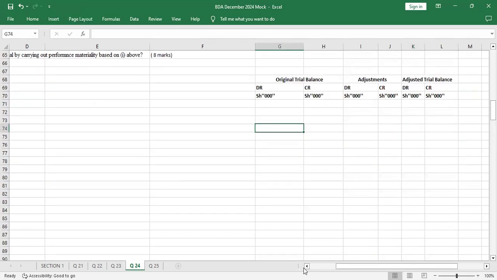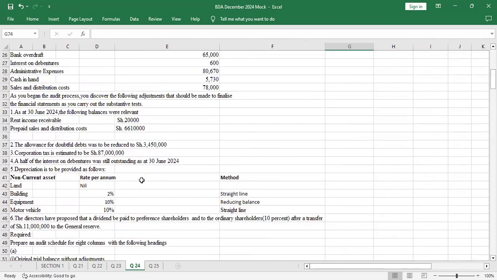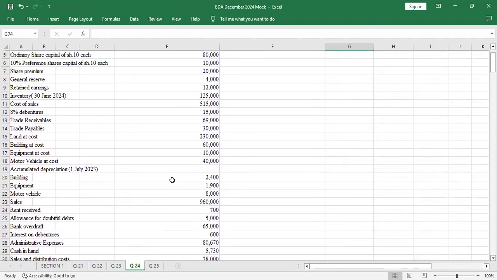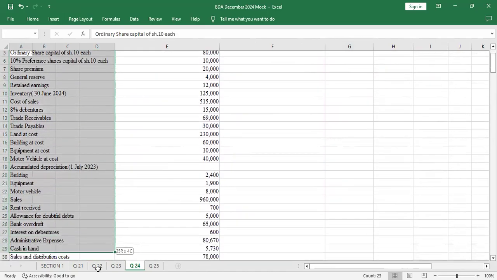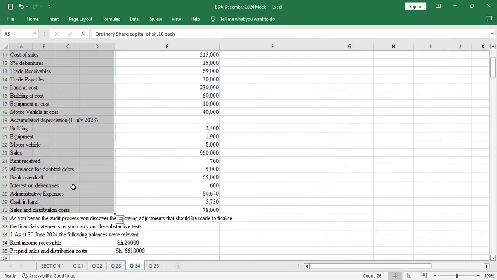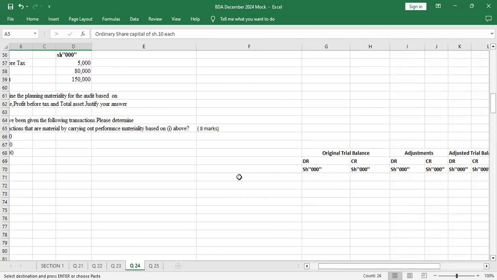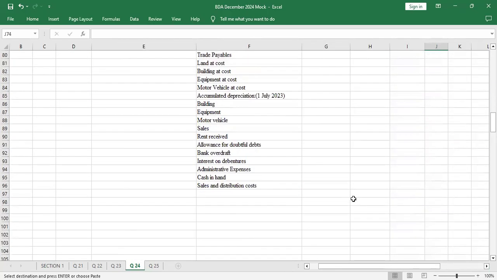So I'll transfer the information provided, the balances here, because that's what I will work with to prepare the original trial balance. So I'll copy this. I highlight up to sales and distribution cost, then Control C, then Control V to paste.